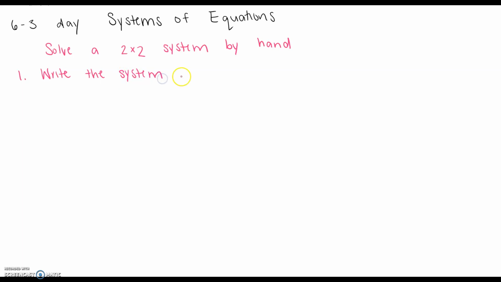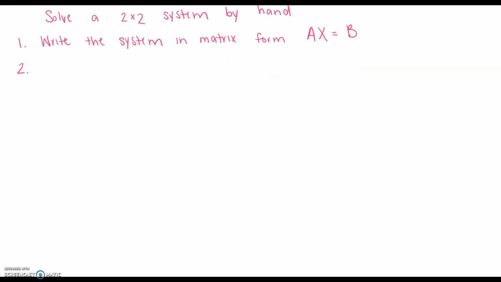So we're going to write the system of equations in matrix form, which is going to be a matrix A times our variable matrix X, and it's going to equal B. That'll make more sense once we start to do an example. The second thing we're going to do is find the inverse of A.